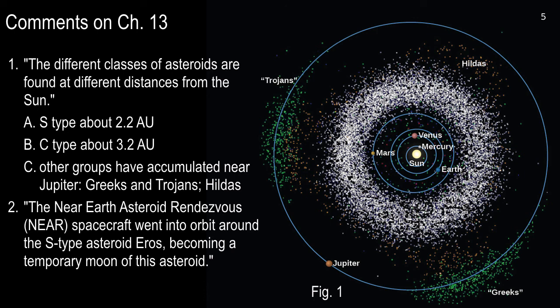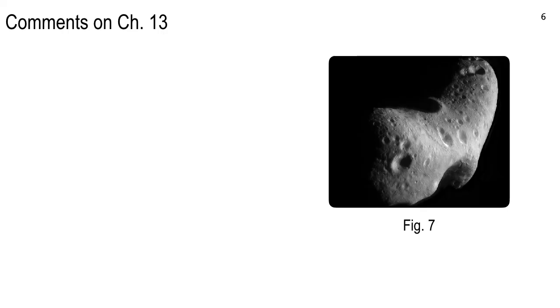It orbited that asteroid 6 ways from Sunday because the Eros asteroid is fairly good sized, but it's not a sphere, like Ceres. Ceres is fairly close to a sphere. It's round. But here's a picture of Eros. This is figure 7.